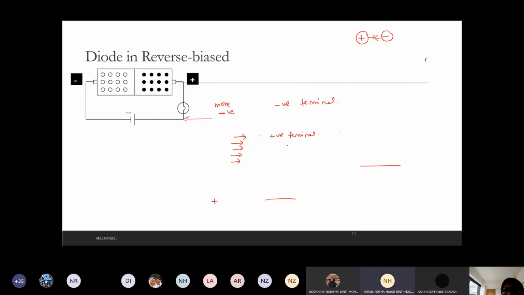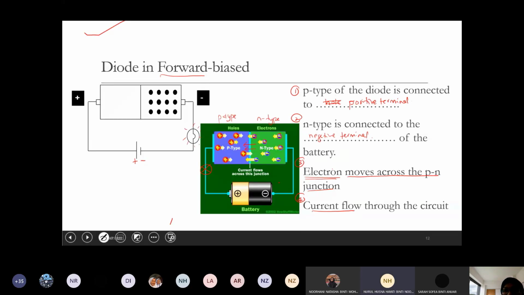Berbeza dengan tadi. Kalau yang ni, this one negative, more negative, this one more positive. And then negative, dia tak nak dengan negatif juga. Negative charge dengan negative charge dia repel. So bila repel, dia move away from the negative terminal, so dia akan rapat dengan holes, therefore junction ni akan menipis.